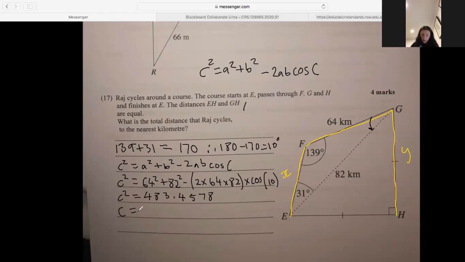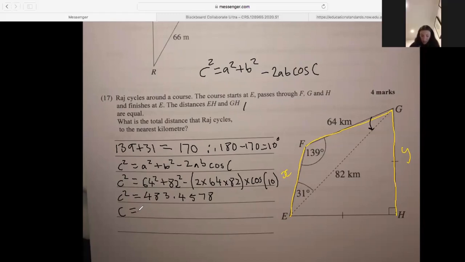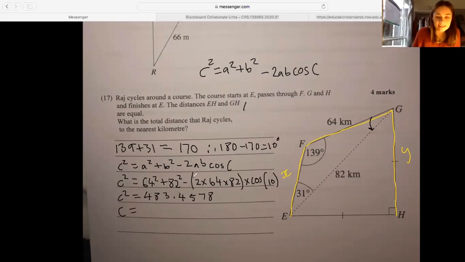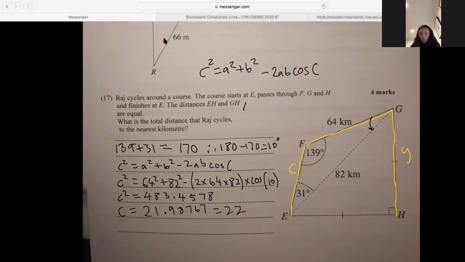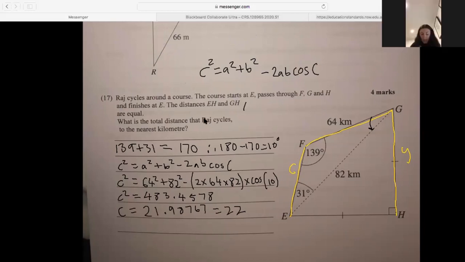Oh wait, you did too. Did you remember to do the square root? No. Did you get the 21 something when you did this? Yeah. Cool.